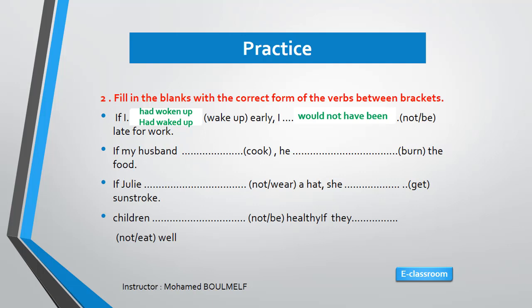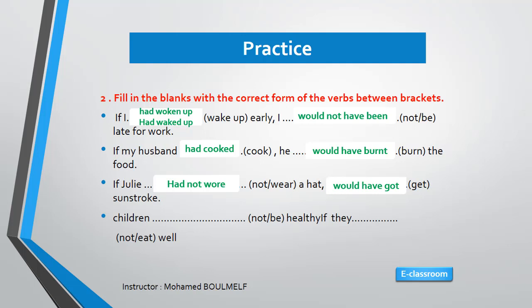Number 2, or the next one, if my husband had cooked, he would have burnt the food. Number 3, if Julie had not or had, she would have got or gotten sunstroke.